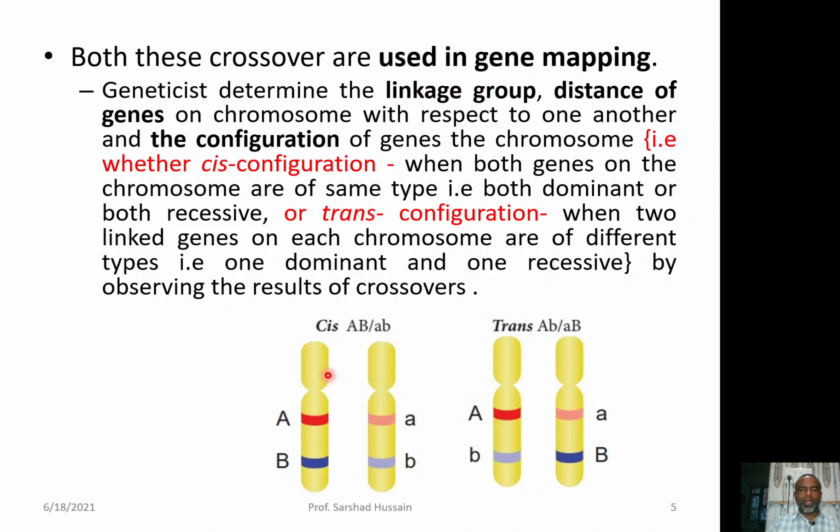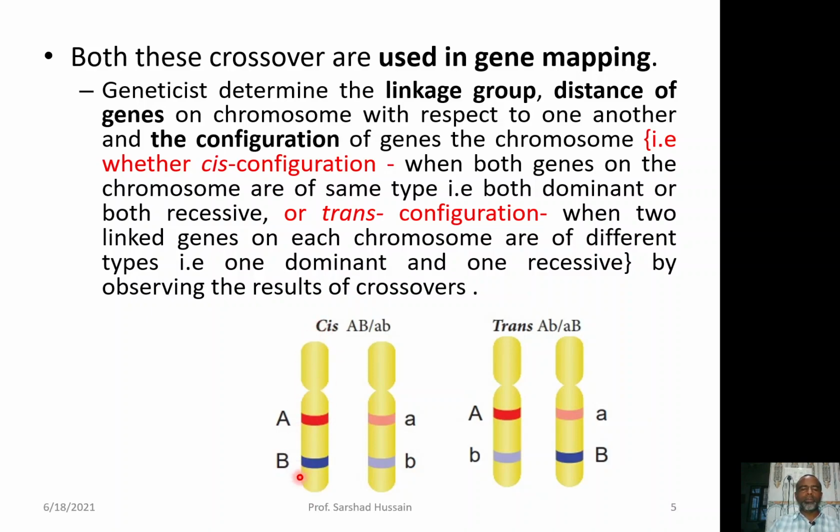So, while observing the genotype of the hybrid, you are able to detect what are the genes present on the one chromosome. We have already discussed in the chromosome mapping how we are able to detect what are the genes present on the chromosome, what are the linked genes and what are not the linked genes.